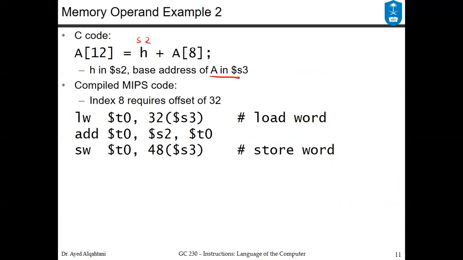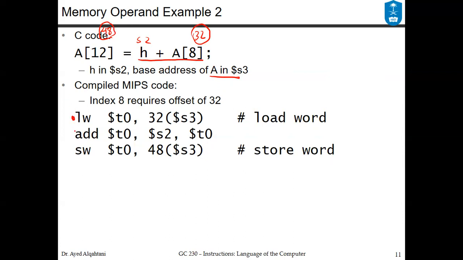Now right away we calculate 8 times 4 is 32. 12 times 4 is 48. So we know the location in the memory for these array members.